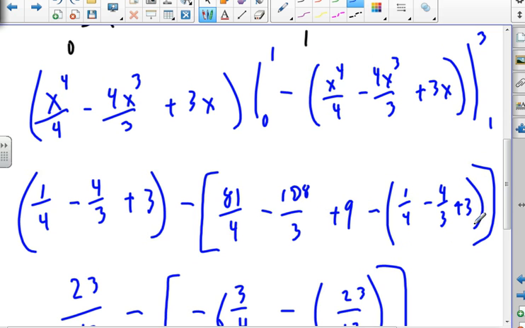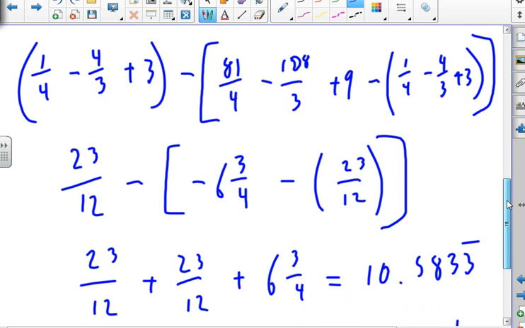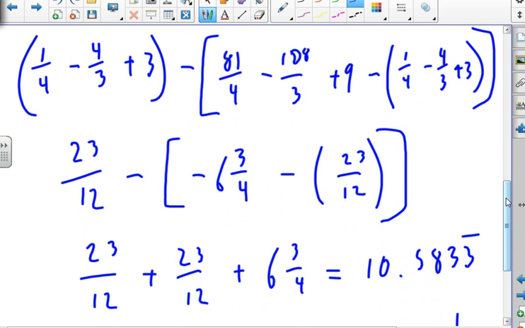Minus, I put in a 1, 1/4, 4/3, 3. 81 quarters minus 108 thirds plus 9.